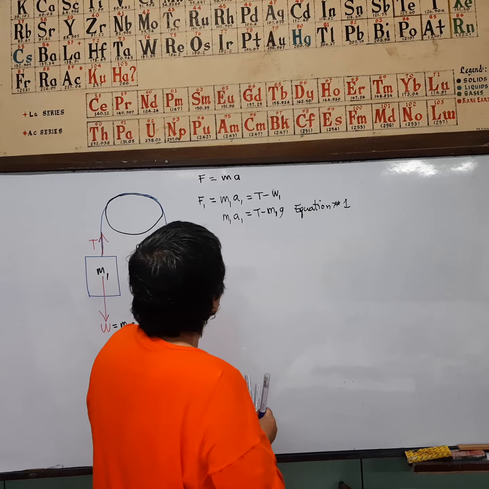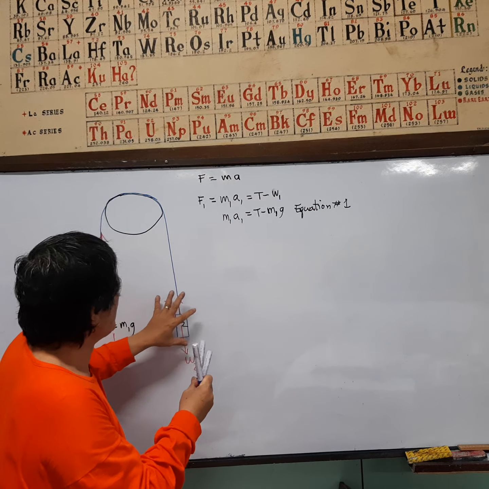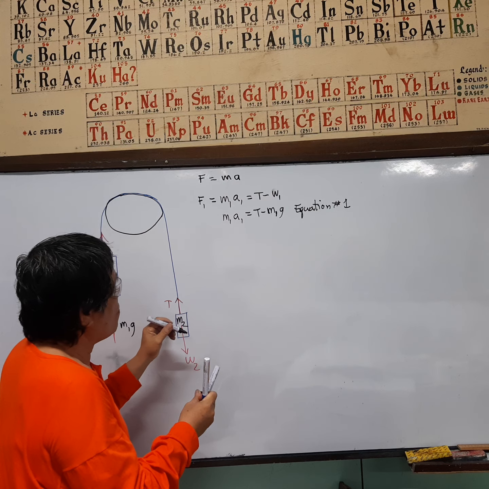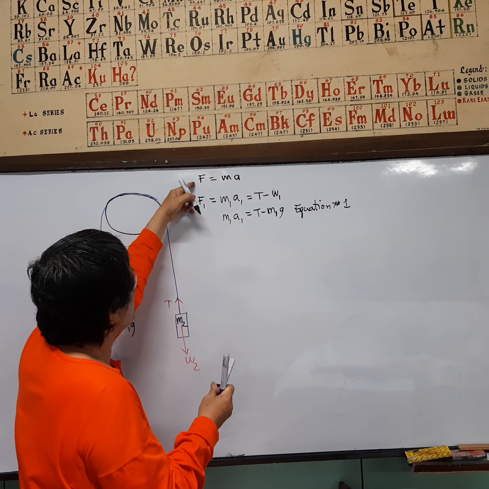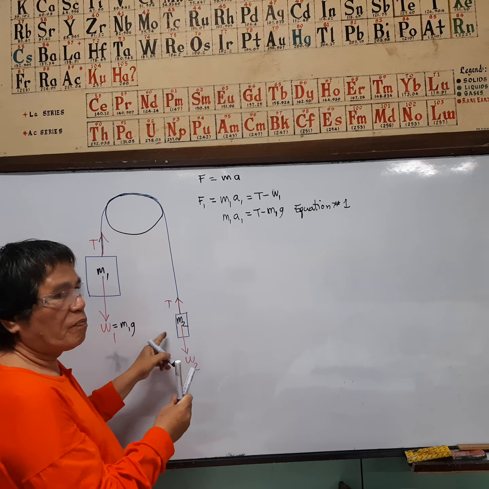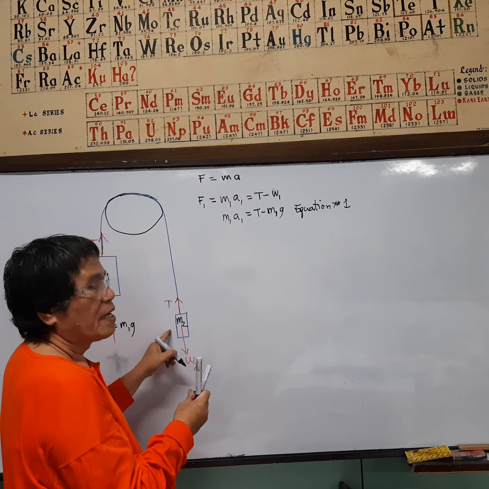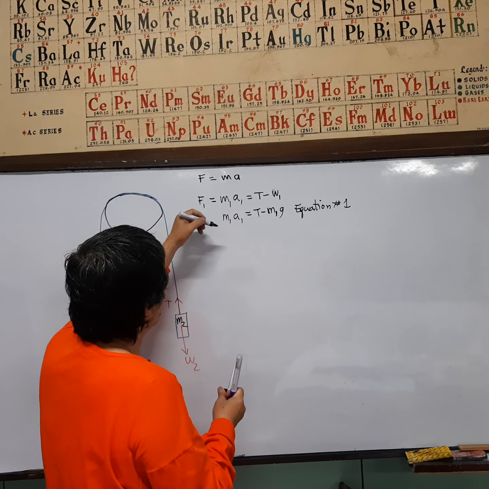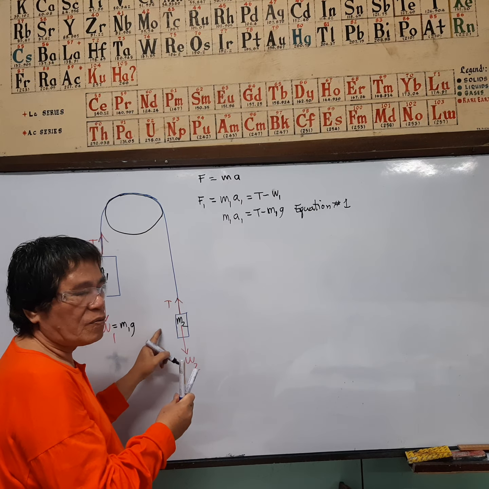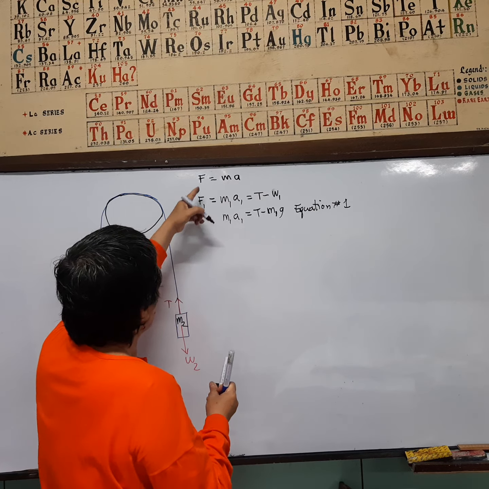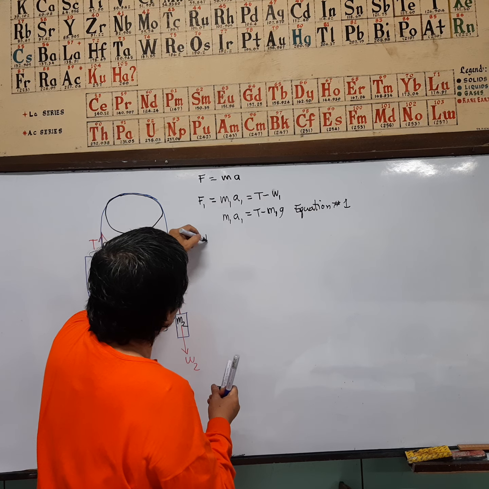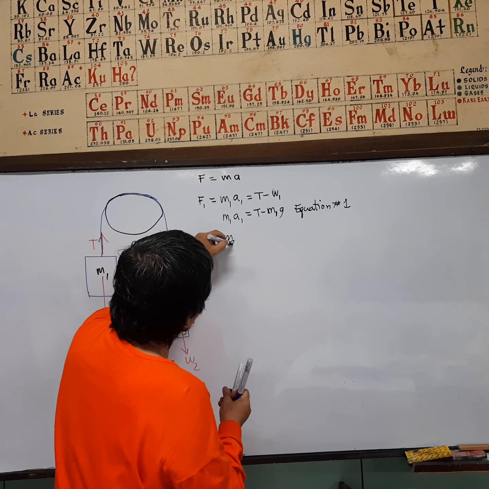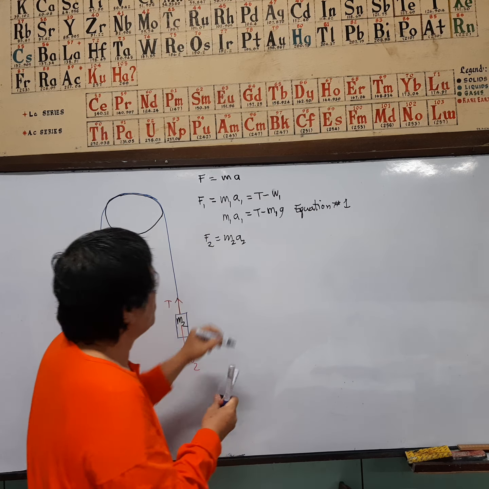Then, let us have this one. The force according to the second law of motion, F equals ma, for the block with mass M2, or for this counterweight with mass M2: F2 is equal to M2A2.